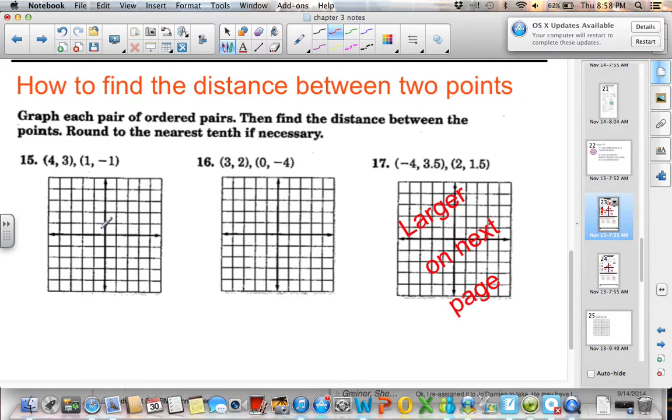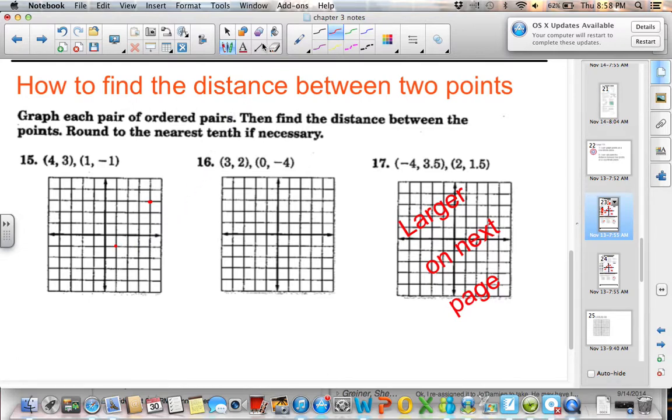So we have 4, 3, which tells me I go over 4, 1, 2, 3, 4, and then up 3, 1, 2, 3. So here's my dot. And then I have 1, 1, so it tells me I go over 1 and then down 1. So here's my dot right here.